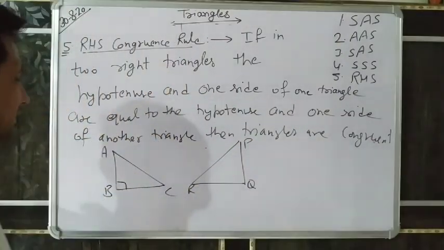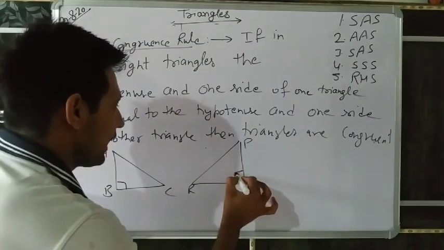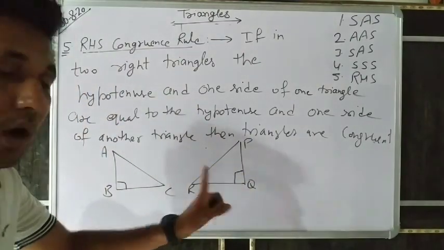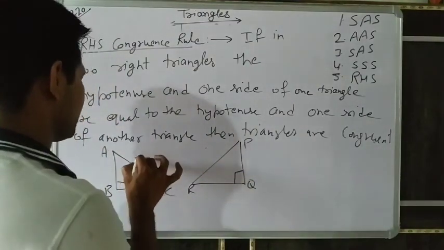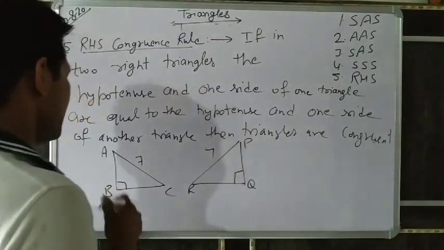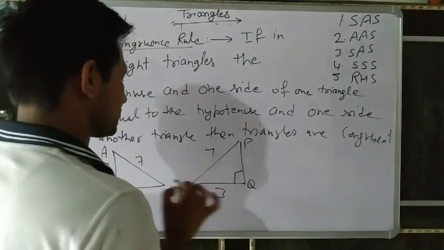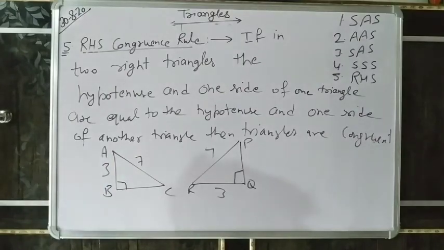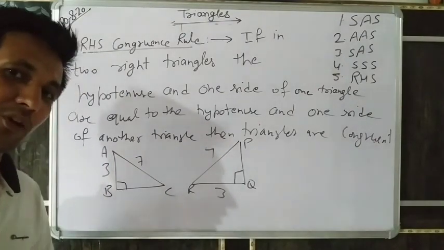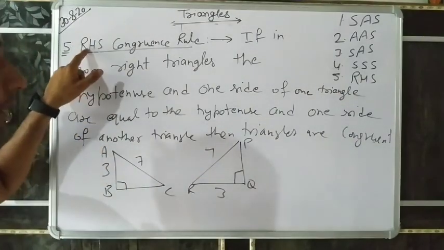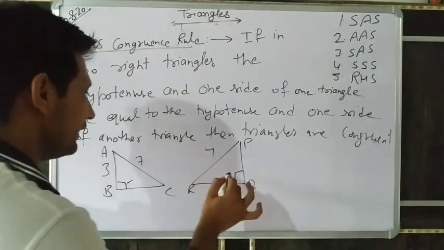Triangle PQR, any one side. What is the hypotenuse? The hypotenuse is always opposite the 90 degree angle. Suppose it is 7, it is also 7. It is 3 centimeters, it is also 3 centimeters. So are they congruent or not? Yes. Right means 90 degrees, yes 90.